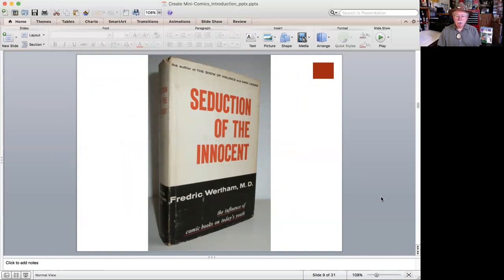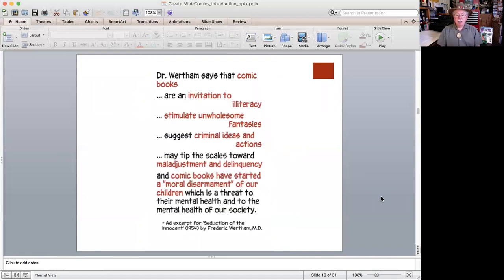He was concerned about the influence of comic books on young people, and saw a connection, which really wasn't there, between illiteracy, unwholesome fantasies, criminality and juvenile delinquency, and that there was some kind of threat to the mental health of our society and to children.